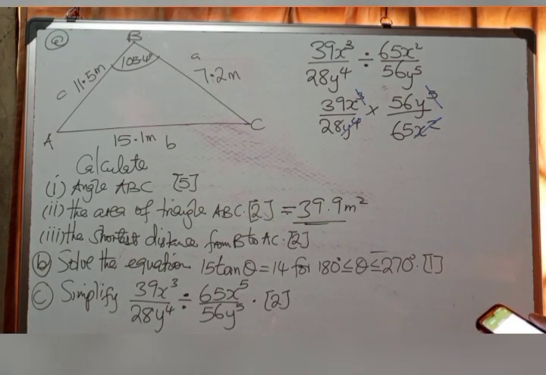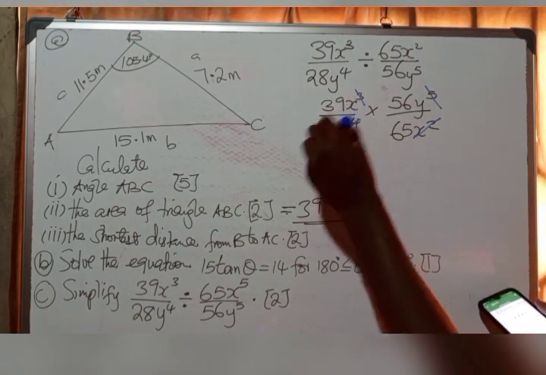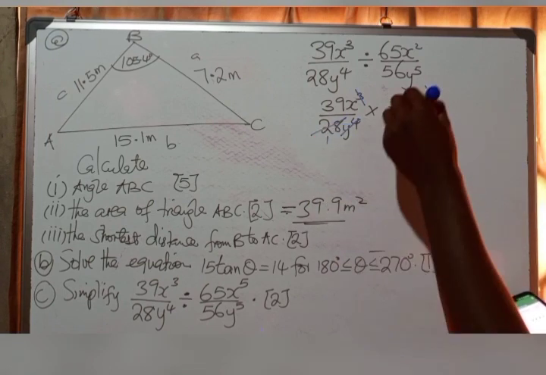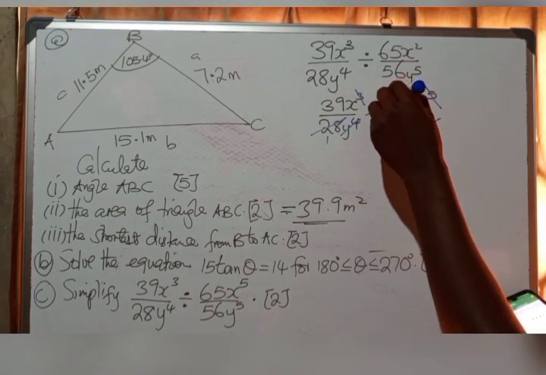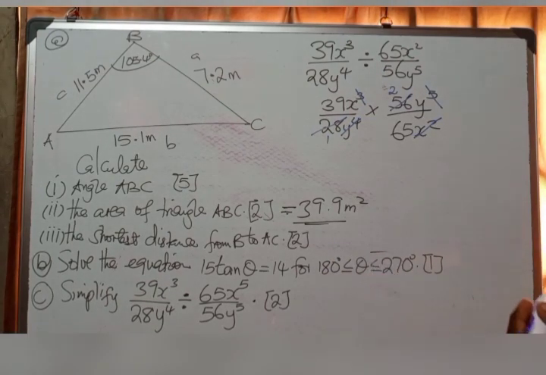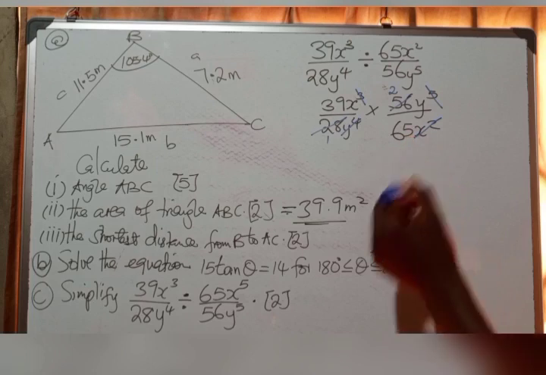Now we come to 28 times 2, it gives us 56. So 28 into 28, 1. 28 into 56, it goes 2. What about 39? Which number can go into 39 without leaving a remainder? Maybe we say 3? Can 3 also go into this? It can't.